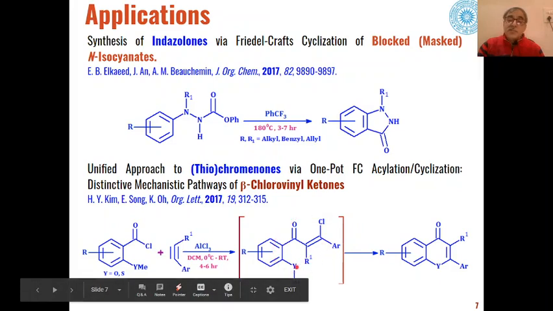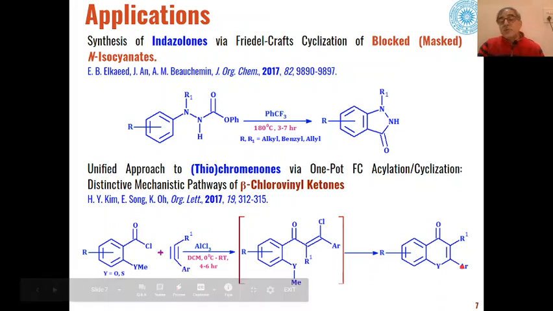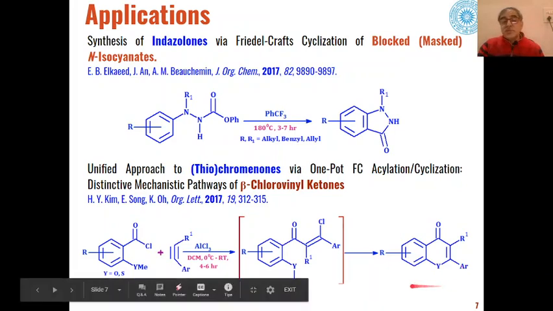Then this intermediate will undergo elimination of methyl chloride, and cyclization will take place to give us these types of thiochromones or chromones as the product, depending upon whether Y is oxygen or Y is sulfur.